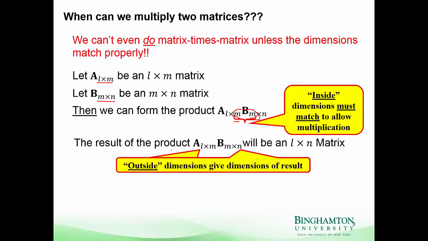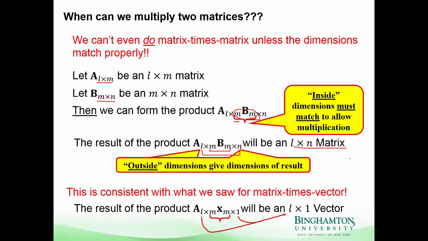So if we do A times B and we see that the inside dimensions match, so we're good to go there, the result will have dimensions set by the outside dimensions, so L times N.